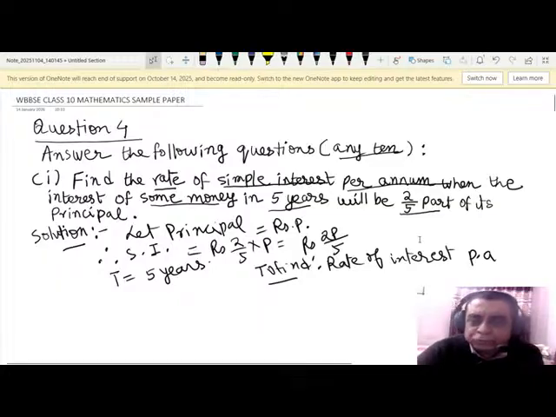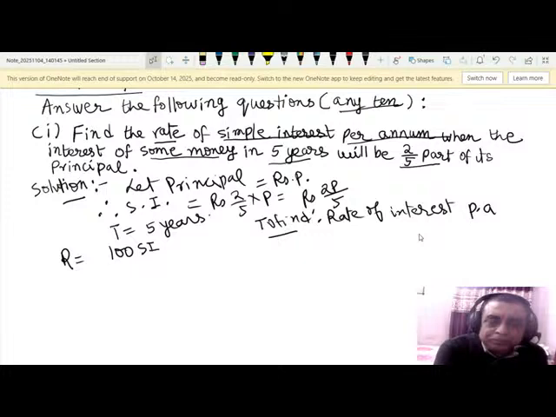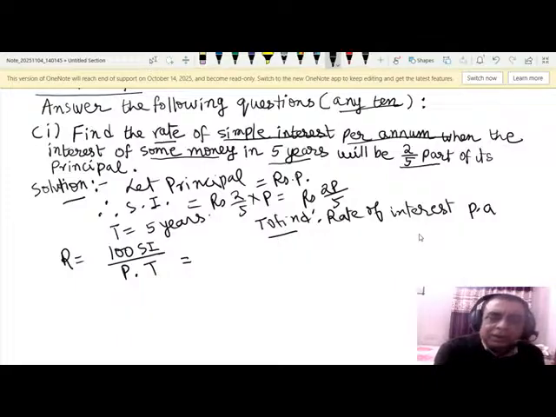PA. So we know that the rate formula is R equals 100 times simple interest divided by P multiplied with T. Now put the values in this formula. So it is 100 multiplied with simple interest.